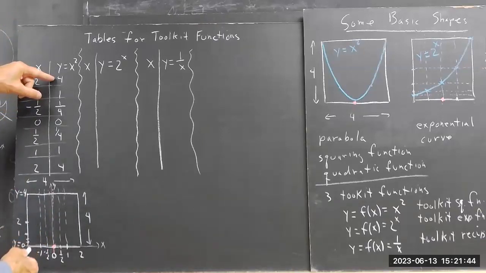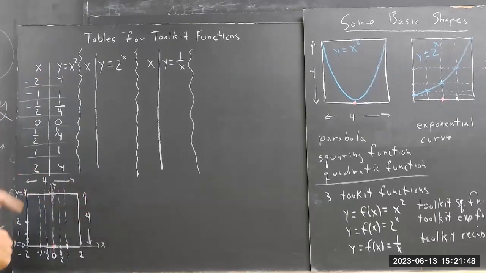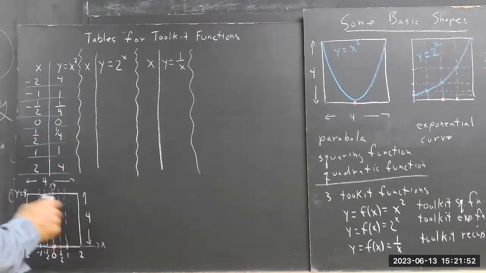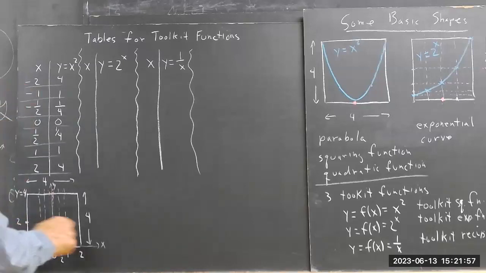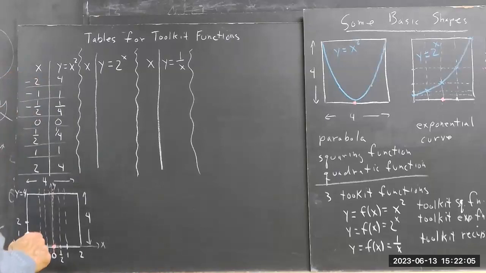I need a line for y equals 4. Well, that line is right here, isn't it? The line for y equals 4 corresponds to the top of the rectangle. The line for y equals 2, well, I could draw that line, but I don't need it, because I don't have any y values of 2 here. I have a y value of 1, so I'm going to draw the line here for y equals 1. And then I need 1/4.